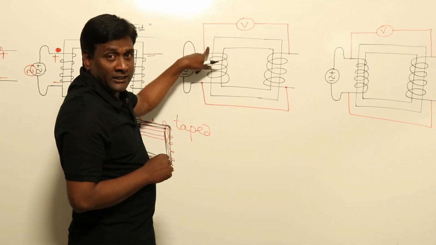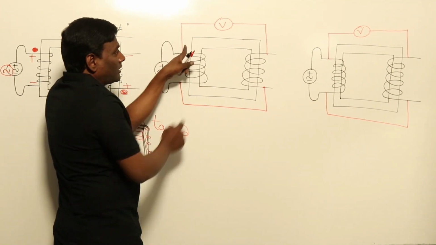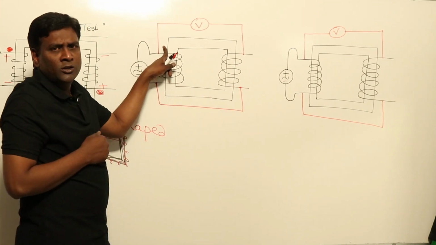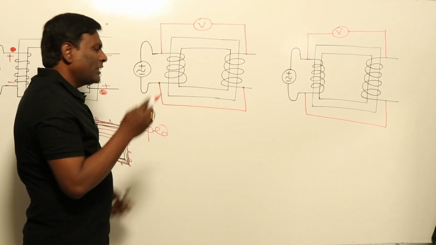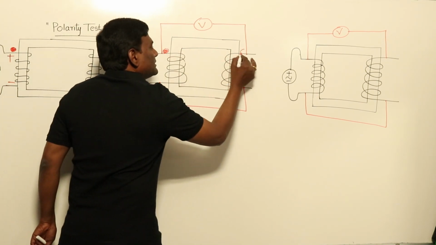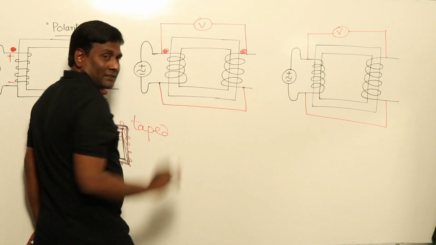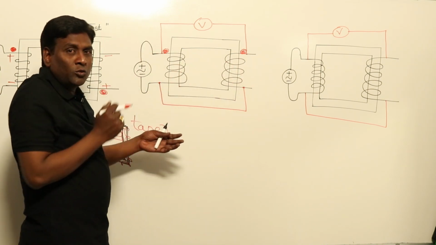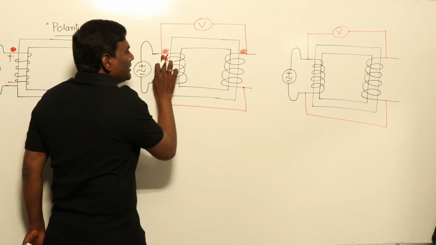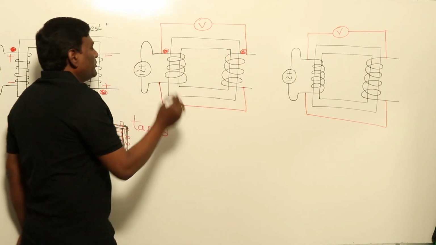If I keep the dot in the upper section, either the dot can be here or the dot can be here. That's it. There are only two possibilities. Now, for example, if the dot is here, for a practical transformer, prior to conducting the test we don't know the polarities, but for a physical transformer, if these two are the dots, then what will happen?